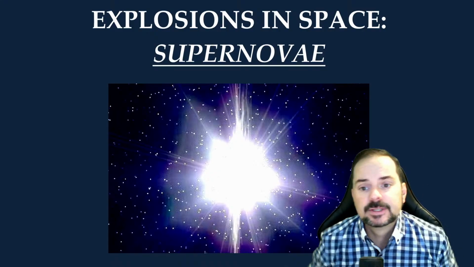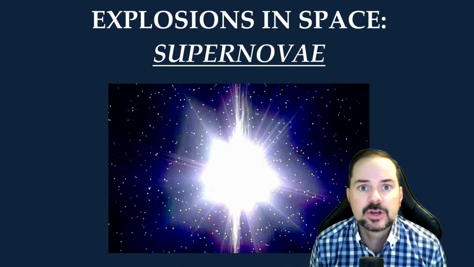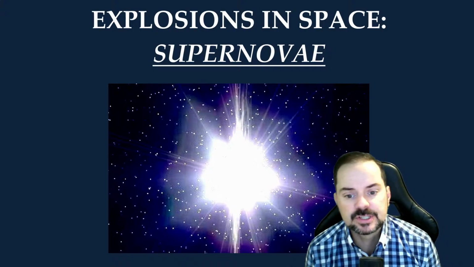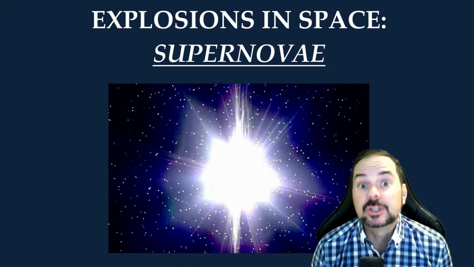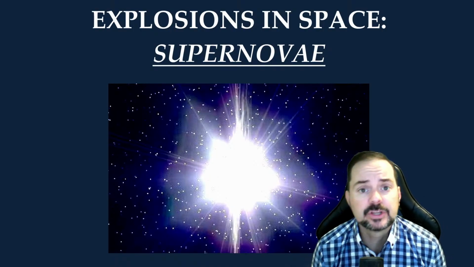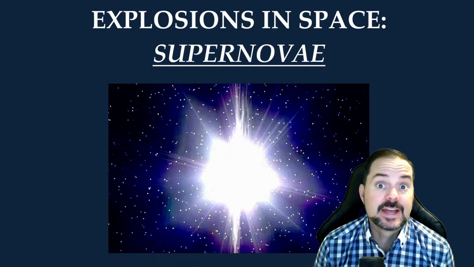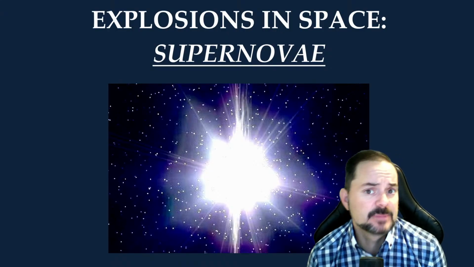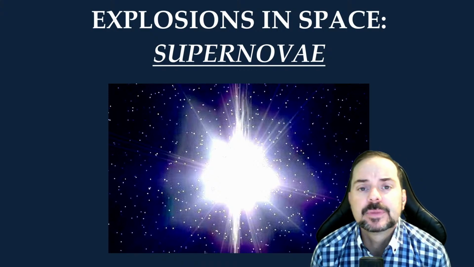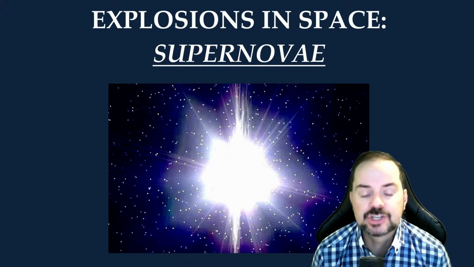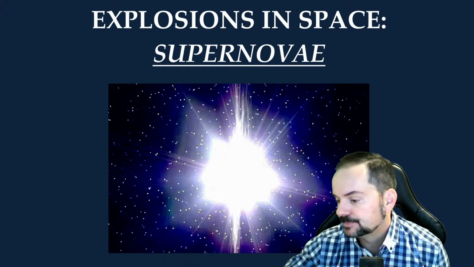There are not a lot of different kinds of explosions in space. There's really only 2 types, as we'll learn very shortly here. What is a supernova? It's quite a fantastic event. In fact, it's maybe the most fantastic natural event in the universe.